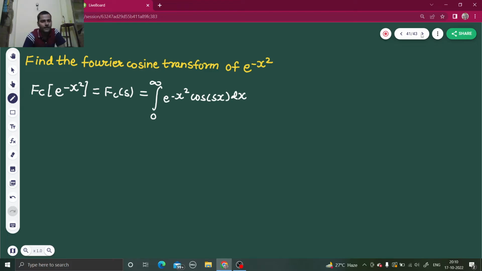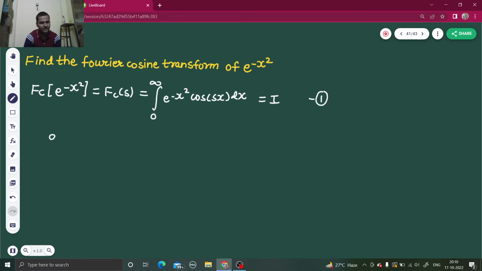Now let's take this as I, because we don't know directly as to how to solve this complex integral. Complex, that means difficult.